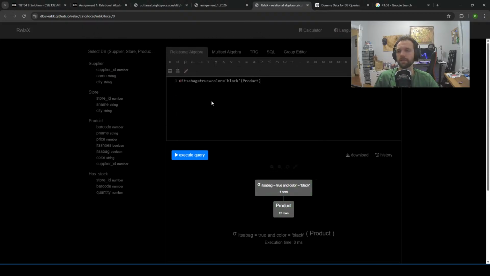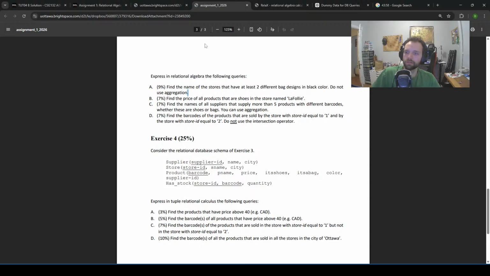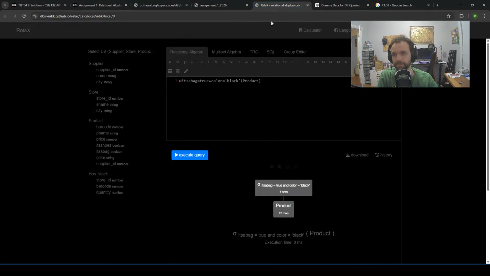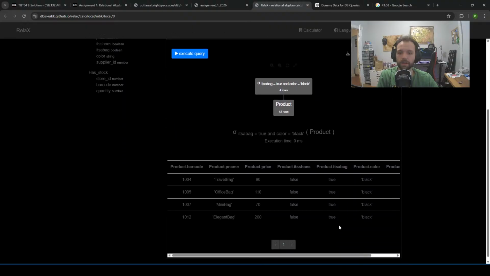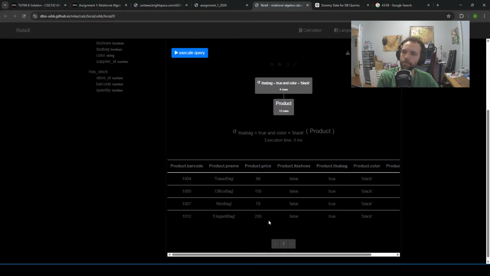Now, what's the question asking for again? We're looking for the names of stores that have at least 2 different bag designs in the black color. Do not use aggregation. Okay.